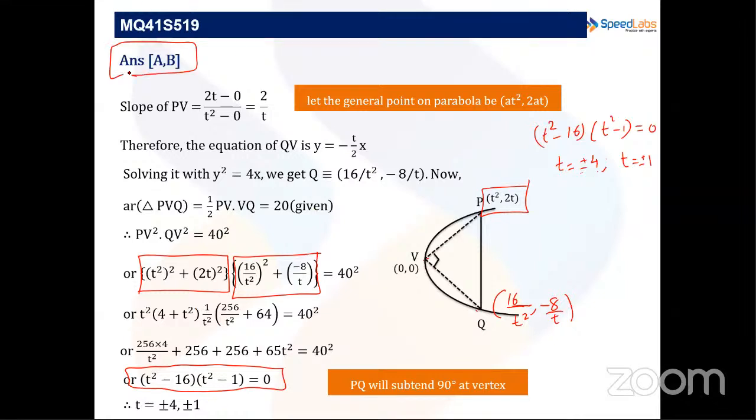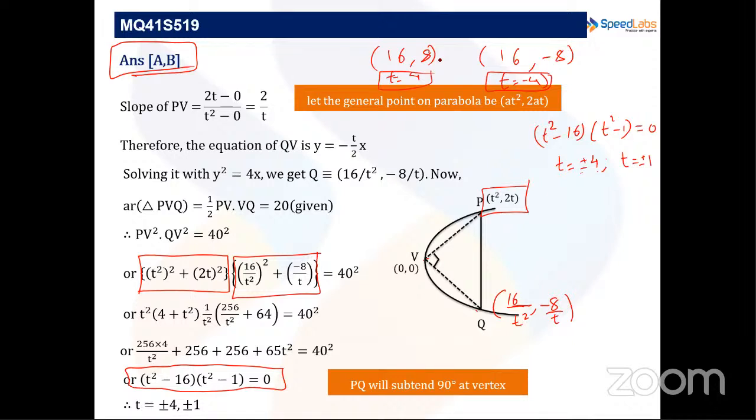So our options are A and B, 16 comma 8 and 16 comma minus 8, putting t equals to 4 and on putting t equals to minus 4.